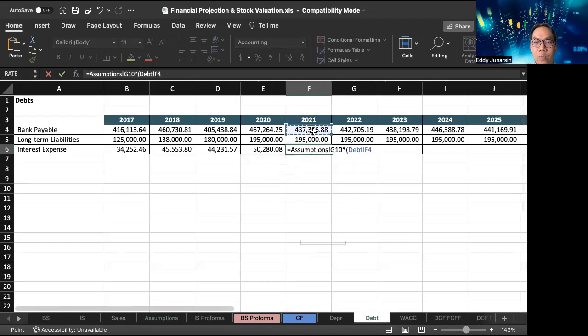So again, there are two. So the estimated ratio times the projected interest bearing liabilities in 2021.